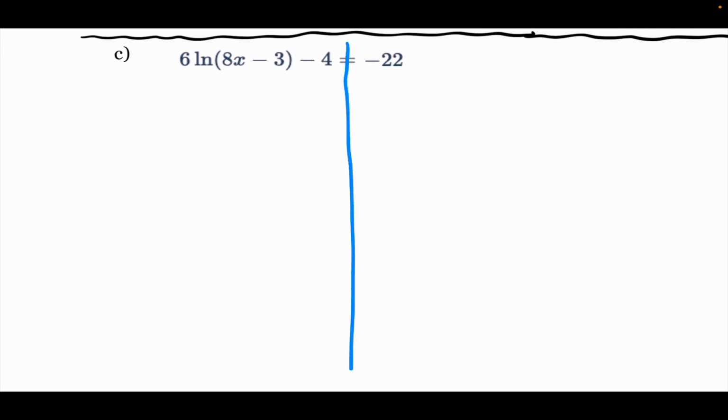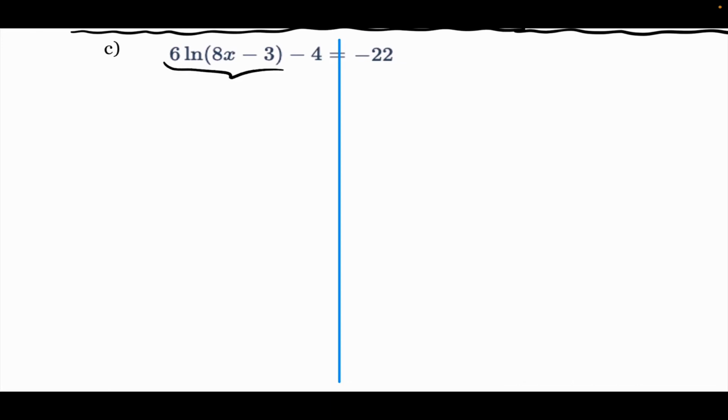Blue line. Rewrite log, or rewrite ln, I should say. Okay, can't get to 8x minus 3 because it's part of the log.